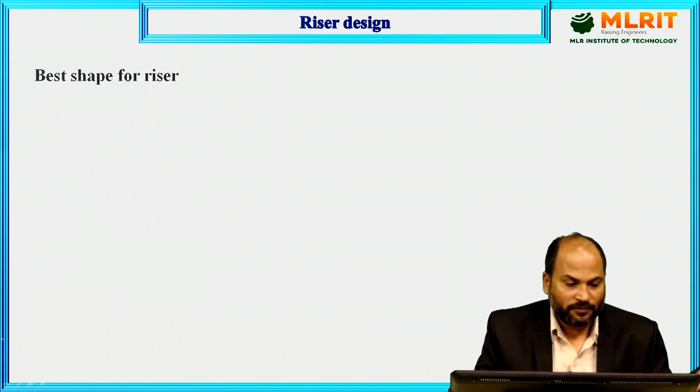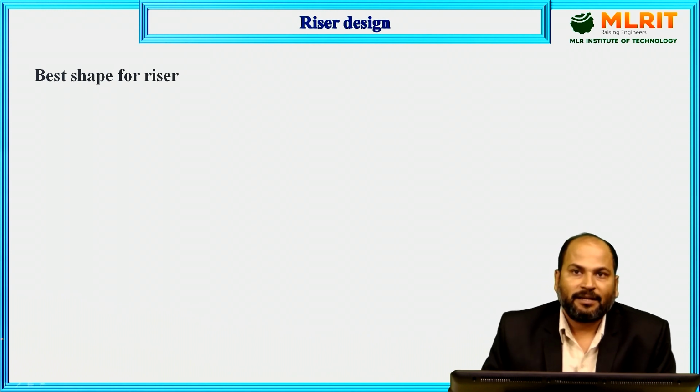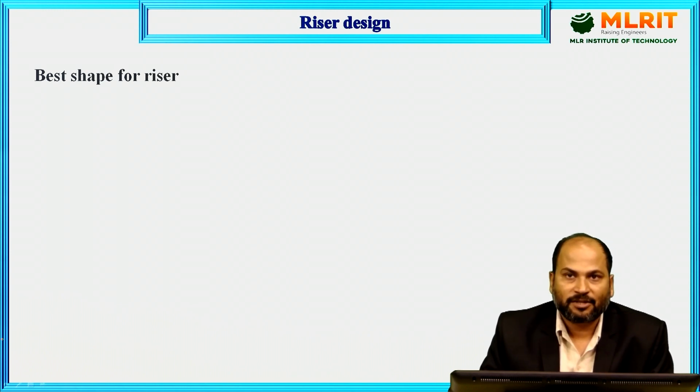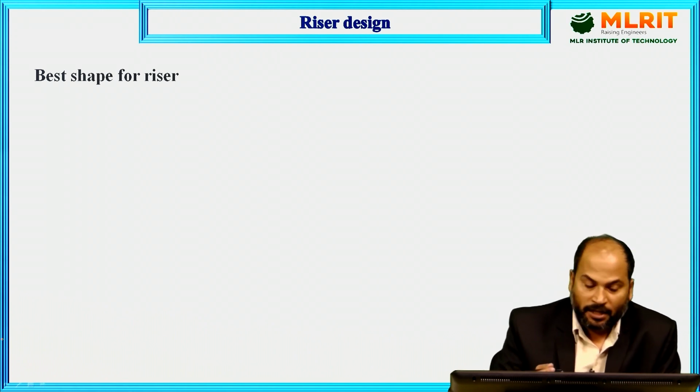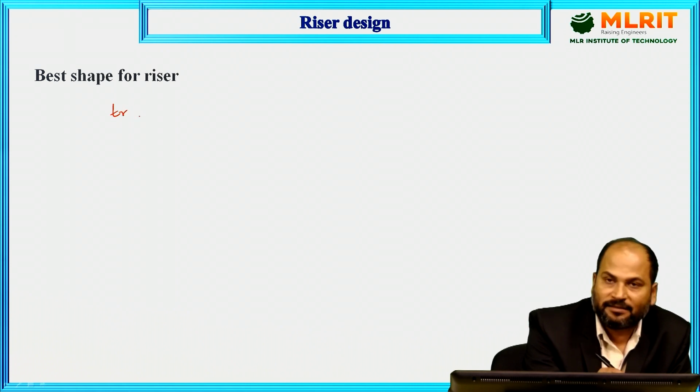First of all we will start with the best shape of the riser. We have already seen in the last class the basic criteria to design a riser: the solidification time of the riser, T_R, should be greater than the solidification time of the casting.